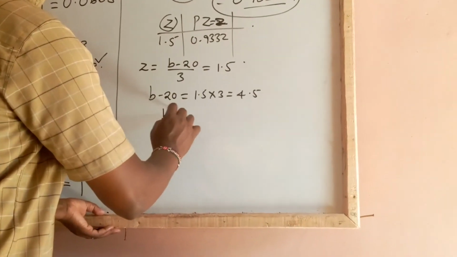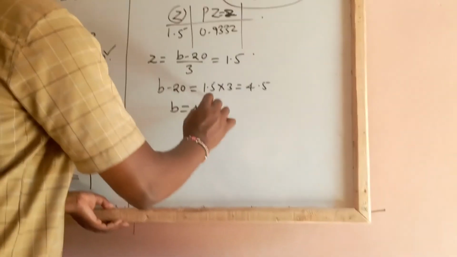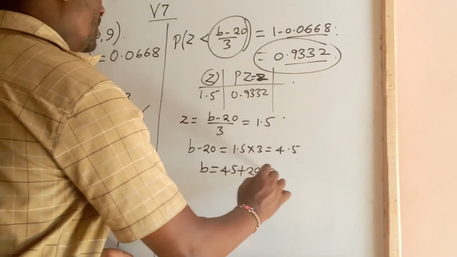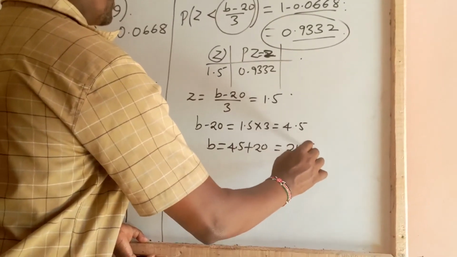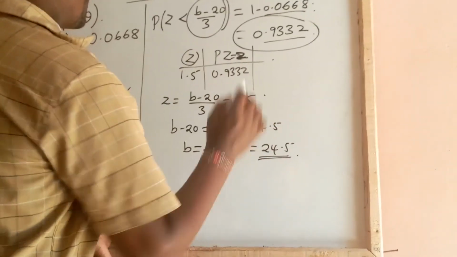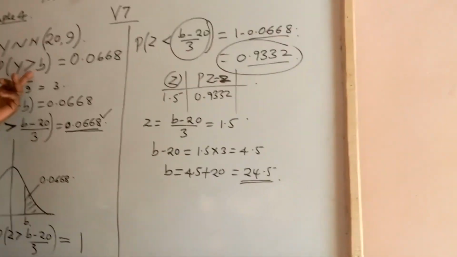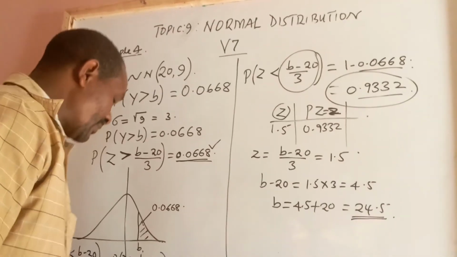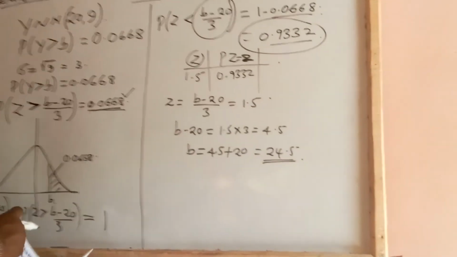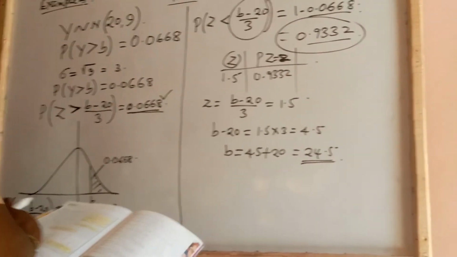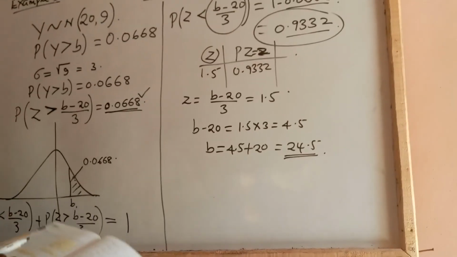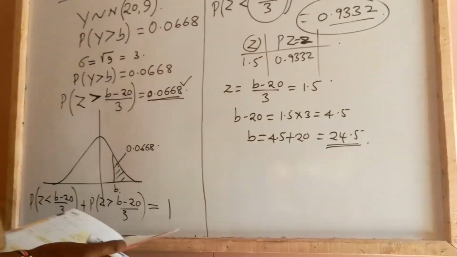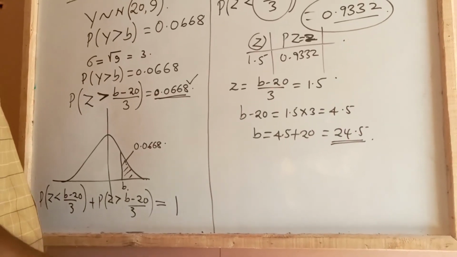And b is 4.5 plus 20, which is 24.5. And that is our value of b, because the question was asking us to find the value of b, which is 24.5. All right?